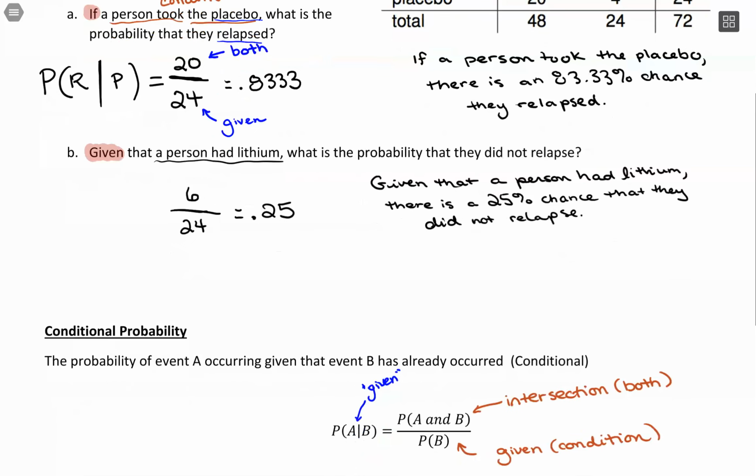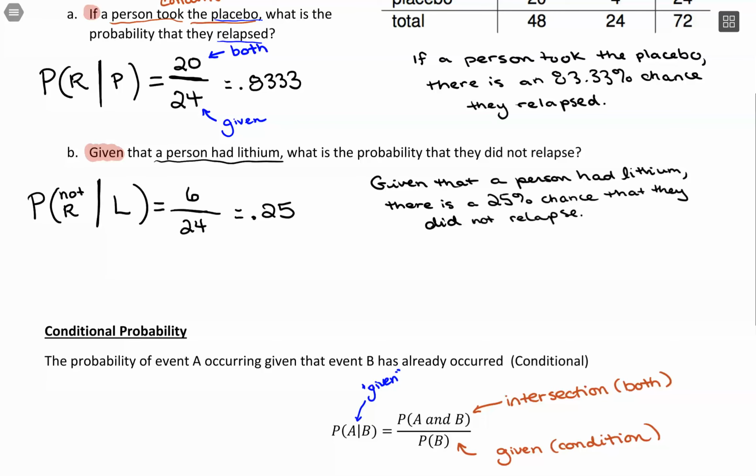For part B here, given that a person had lithium, what's the probability that they did not relapse? So what I could do is probability that they did not relapse given they're in the lithium group. I could have even used my complement notation if I wanted to, like if you wanted to use R with a C, that's fine too, either way.